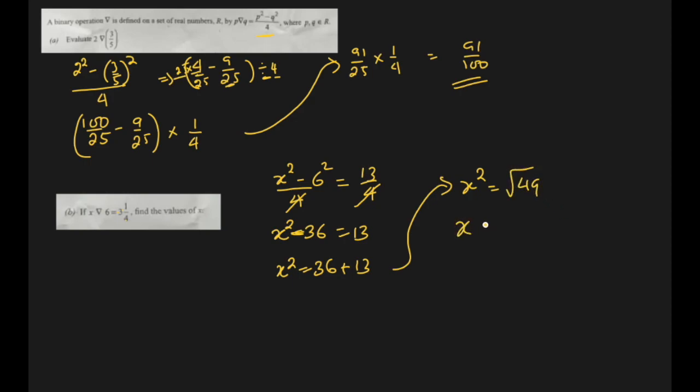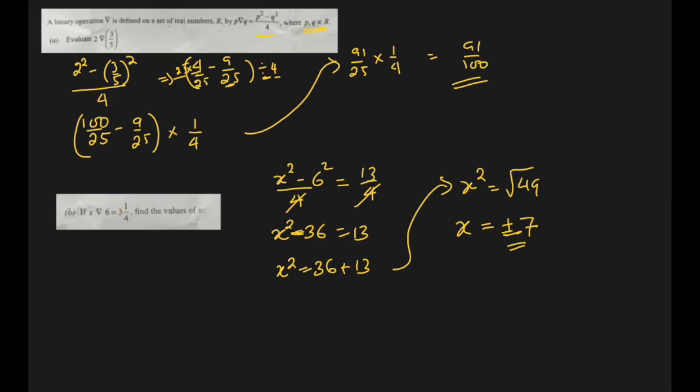If we square root both sides, x will be equal to plus or minus 7. They said p and q are real numbers and they have not given anything for x. That means plus and minus both answers will be accepted.